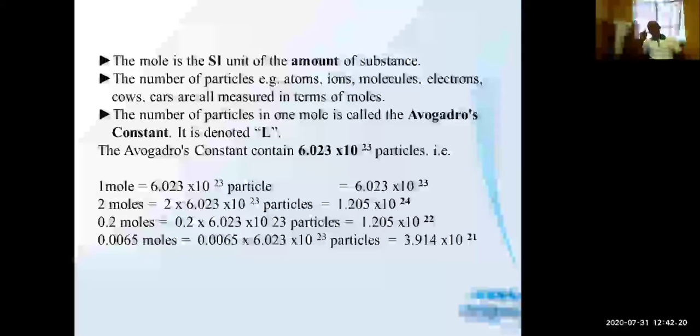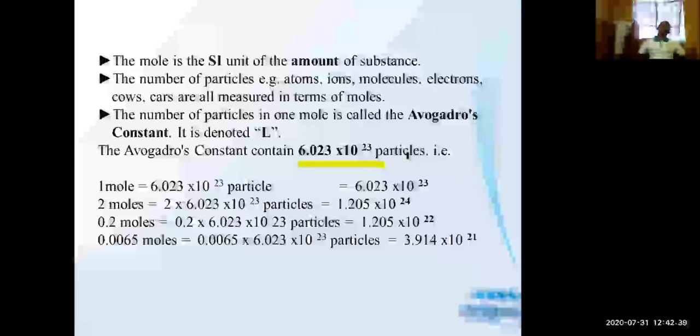So, for example, what you have to know: the Avogadro's constant contains 6.023 times 10 raised to power 23 particles.